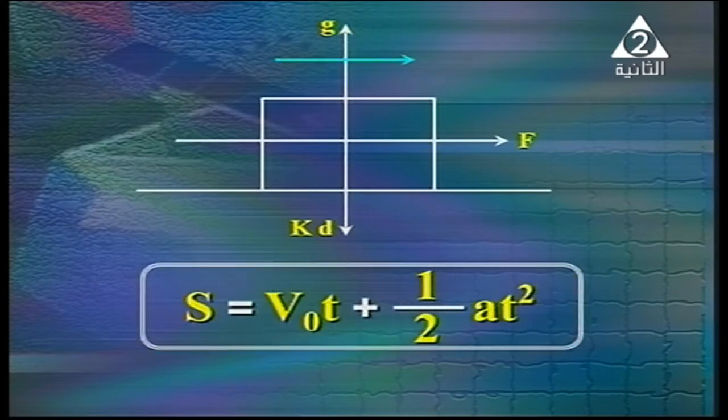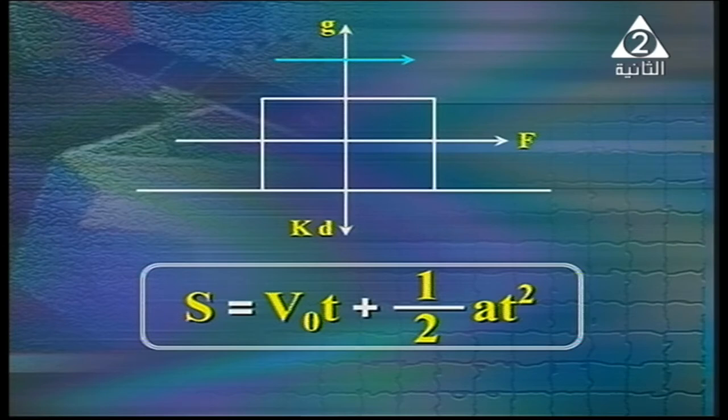Now we write the second equation of motion. What is the relation between displacement s and time? The relation is s equals v naught t plus half a t squared. By substitution of a and t, why?